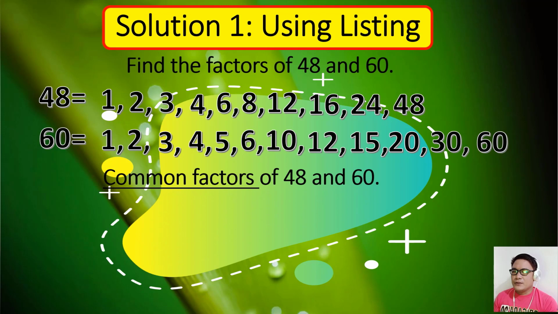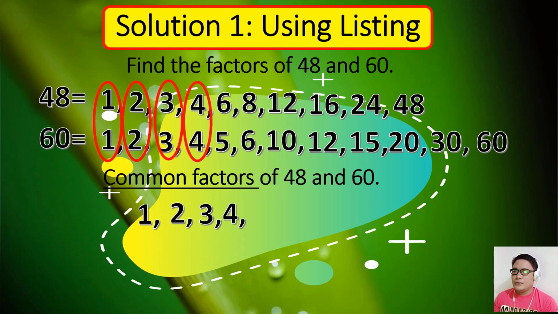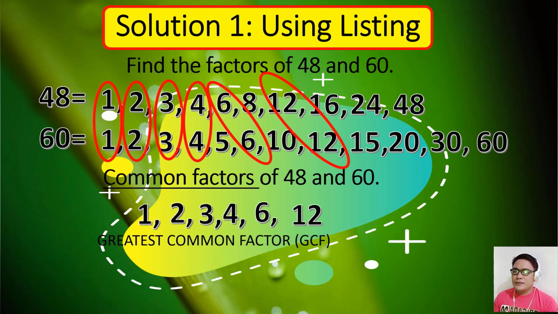Then the common factors of 48 and 60 are 1, 2, 3, 4, 6, 12, and the greatest common factor, or GCF, of 48 and 60 is 12.